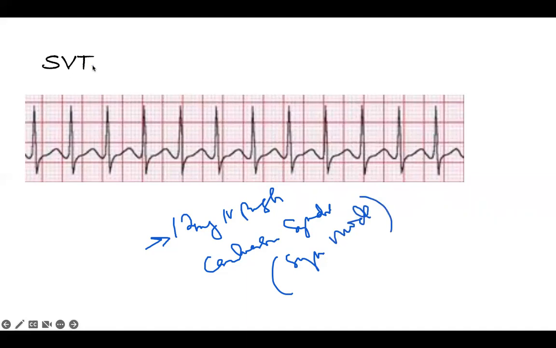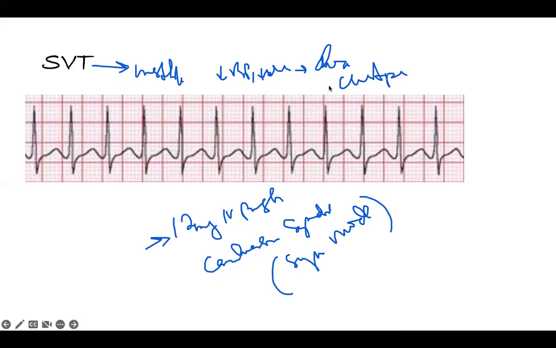If they come in unstable, as I told you, there were two stages, unstable means the blood pressure is low, they already have tachycardia, they are diaphoretic, they feel dizzy, they have chest pain. Chest pain, dizziness, diaphoresis, low blood pressure are signs of shock, or acute change in mental status.